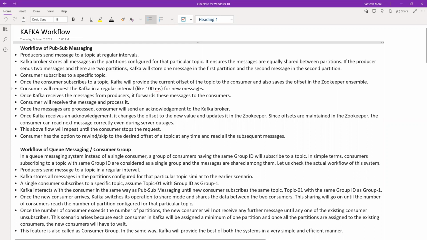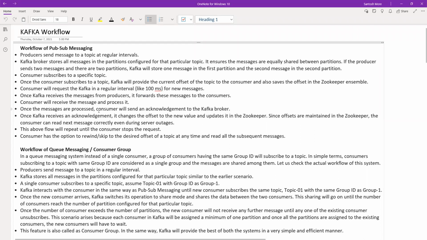When a broker receives a message from the producer, only then can it forward the message to the consumer. That is obvious, right? The consumer will receive the message and process it.